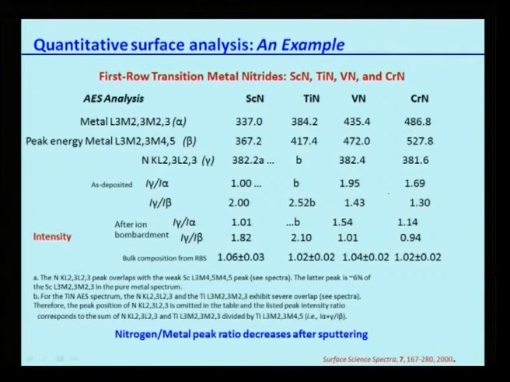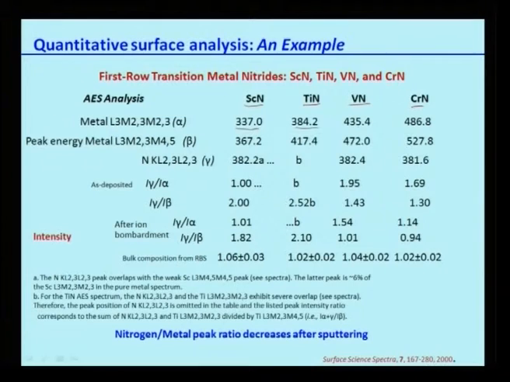Well, to give you an analysis as compared to the others, for nitrogen compounds like chromium nitride, vanadium nitride, titanium nitride, scandium nitride, the first row transition metal nitrides, you basically have L3M2 or M2 peaks.